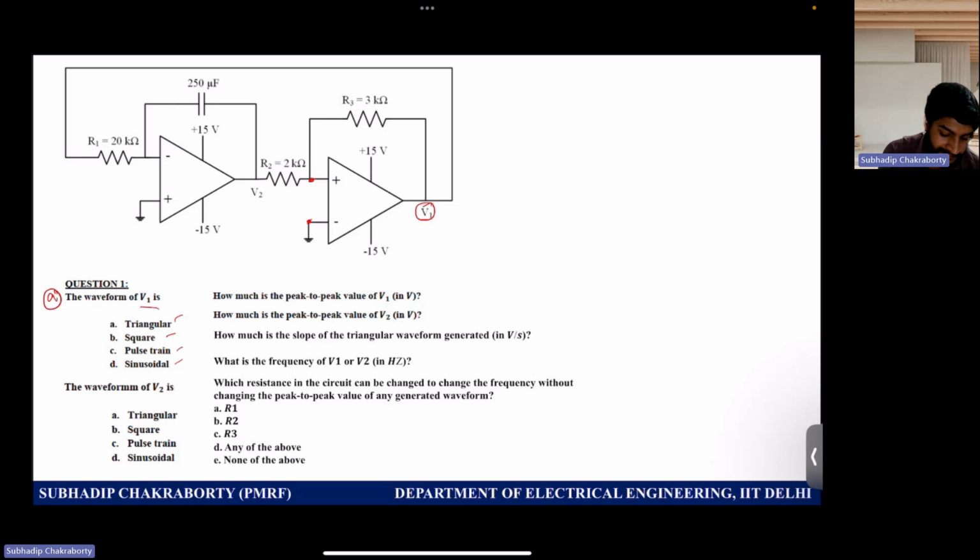For example, if this input was higher than the threshold, which is 0 volts of this negative node, then the output will be driven to plus Vsat. And if it is lower than 0 volts, then the output will be driven to minus Vsat, or VCC, whatever you say.